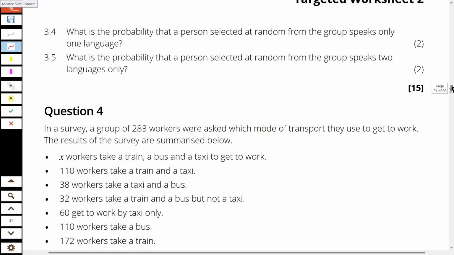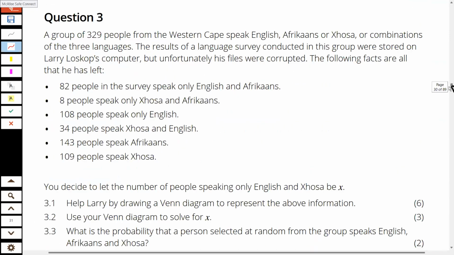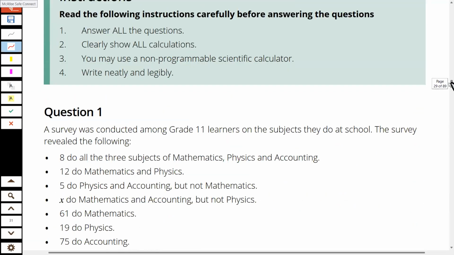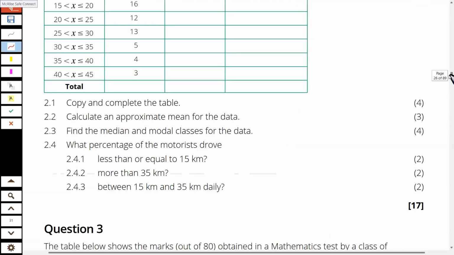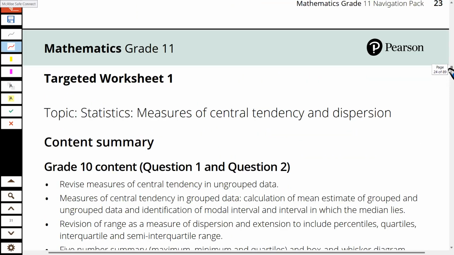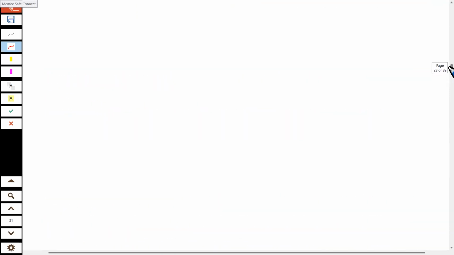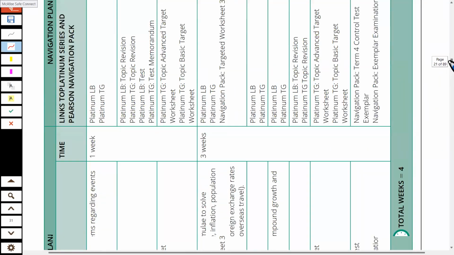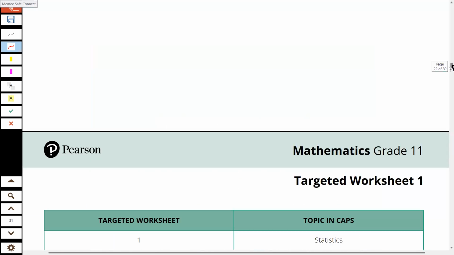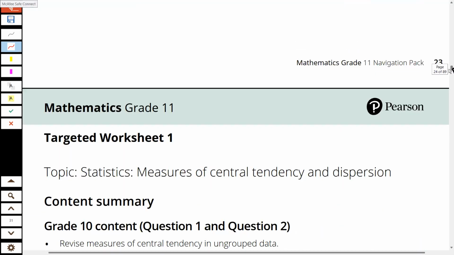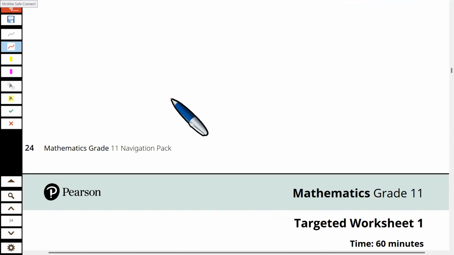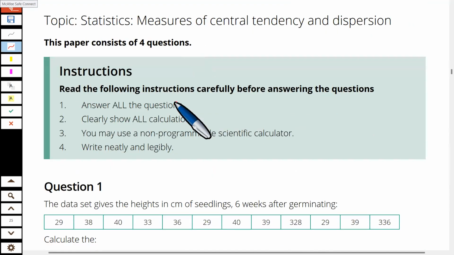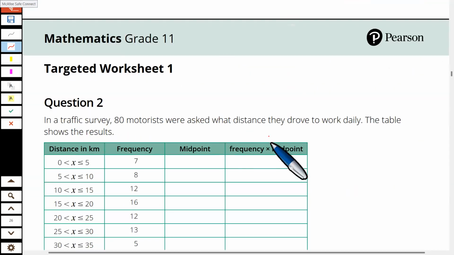Let me see how much finance is there in the beginning, then I can focus on the finance that is there. So we're keeping on the finance, that's good. Targeted worksheet 1. Right, let's recap on the finance.